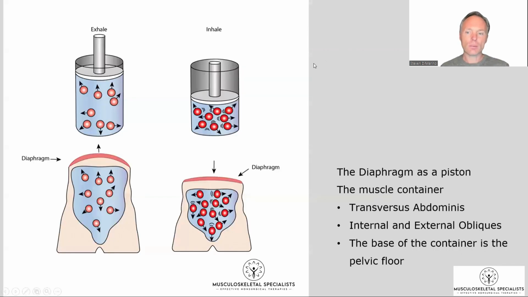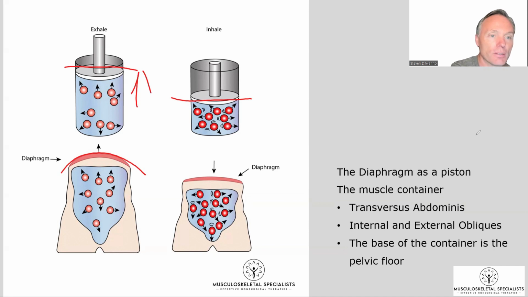Okay, so you're looking at the diaphragm. You have to think about the diaphragm as a piston, right? When you exhale, there's a relaxation phase, and the fluids within this cylinder become depressurized.